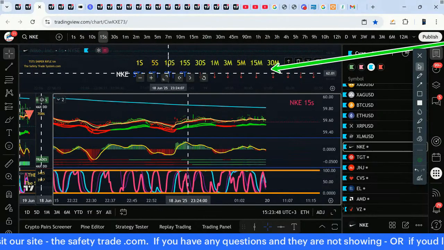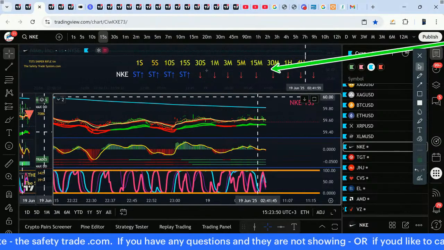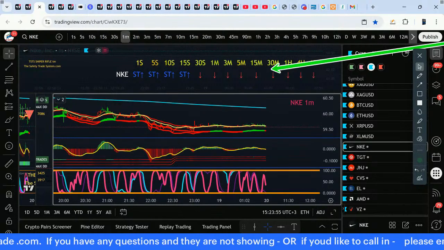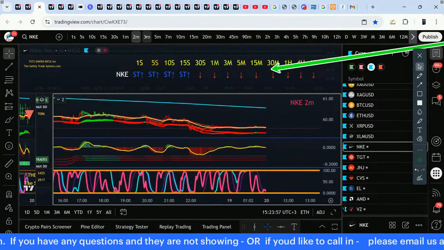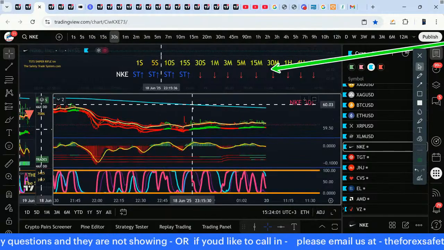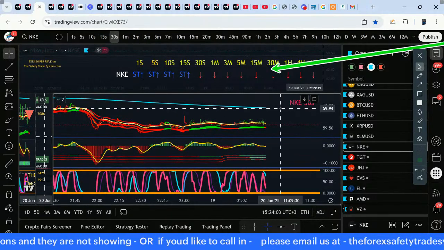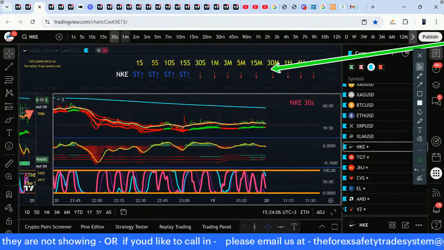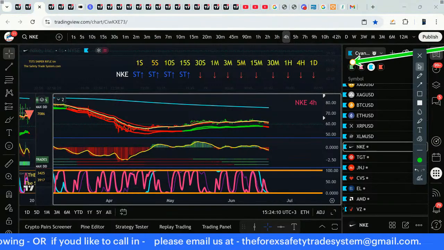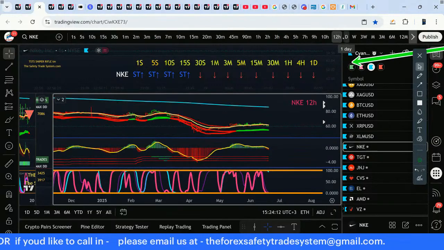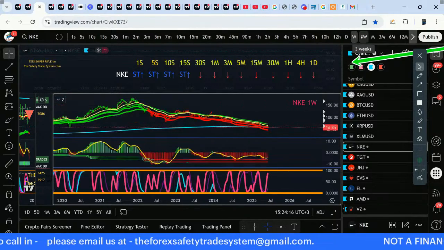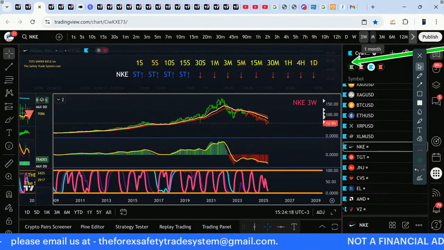You can see the ST safety trade in blue. 15-second buy stop to the blue line, 30-second buy stop to the blue line when Nike opens next. $60 take profit. Let's go all the way up here to daily in 12 hours. Daily, weekly sell stop to the weekly blue line of Nike.